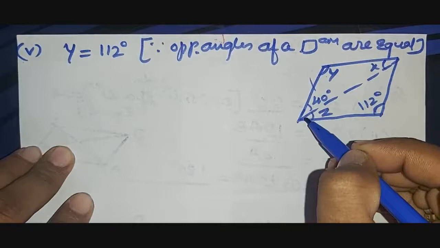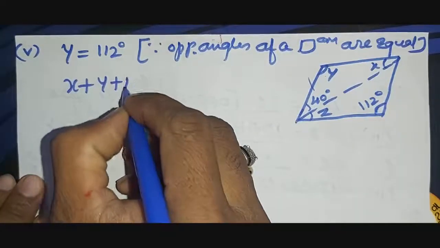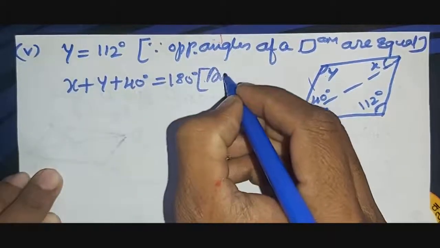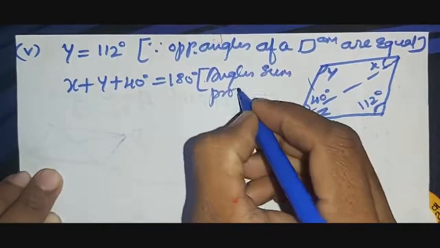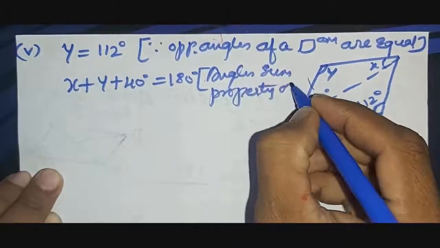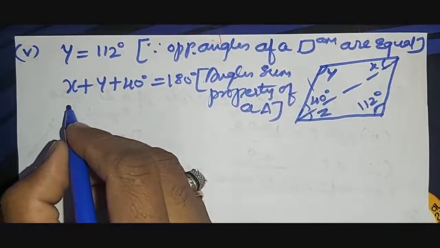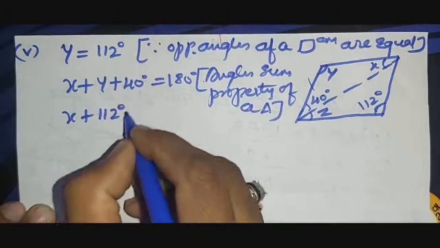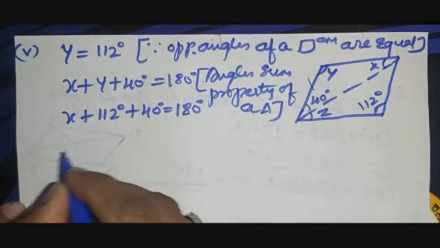X plus y plus 40 degrees is equal to 180 degrees. That is the angle sum property of a triangle. Here x plus y, that is 112, plus 40 degrees is equal to 180 degrees.